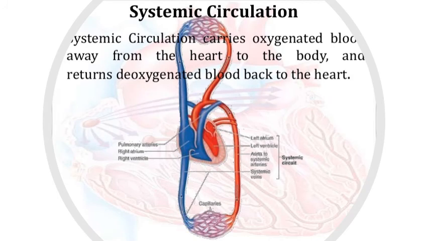And the last of the circulation, we have the systemic circulation. It shows us the movement of blood from the heart to the rest of the body, excluding the lungs. The systemic circulation carries oxygenated blood away from the heart to the body and returns deoxygenated blood back to the heart.